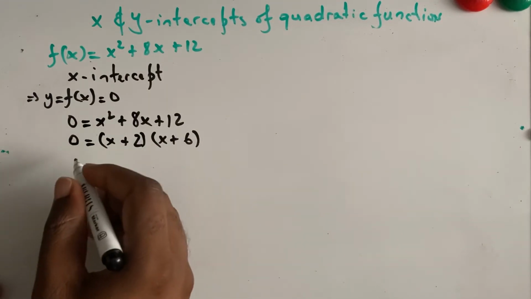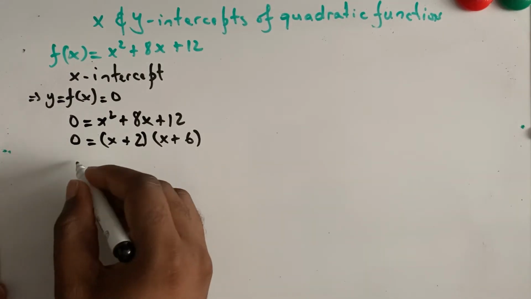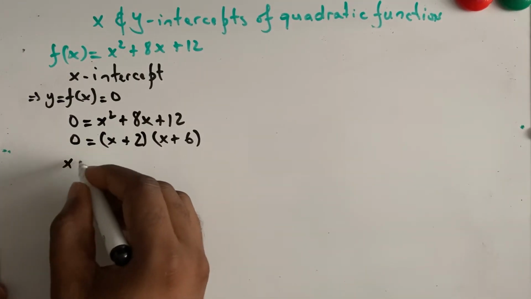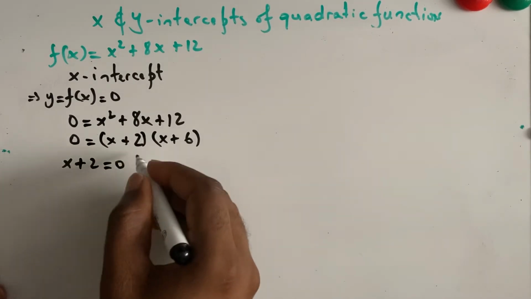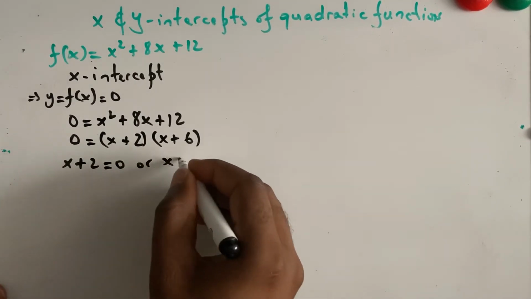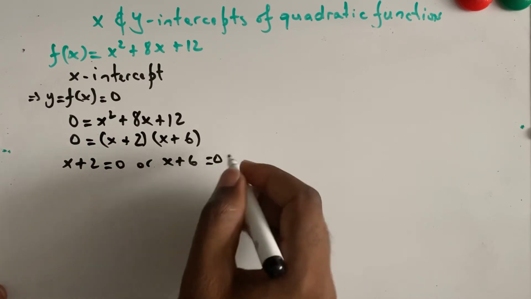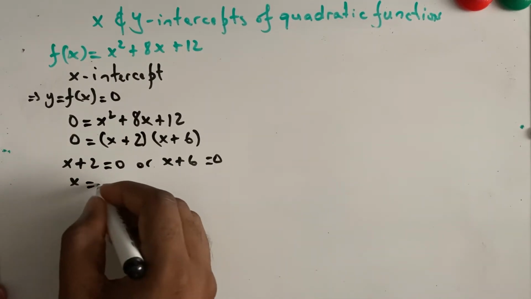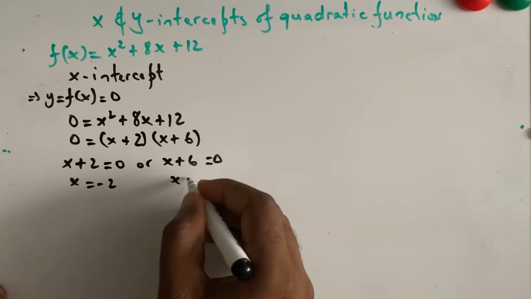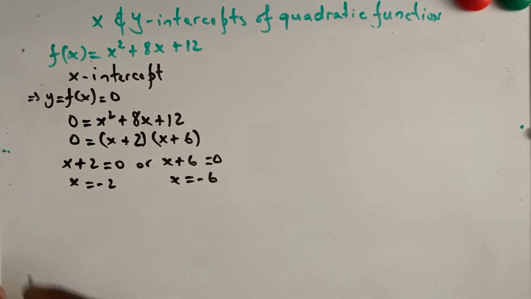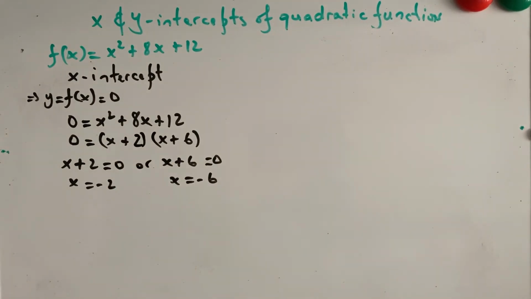So then you set each factor to 0. Remember how to solve a quadratic equation: by factoring. It's either x plus 2 is 0 or x plus 6 is 0. Right here, x is negative 2 or x is negative 6. Therefore, for the x-intercept, remember y is 0.